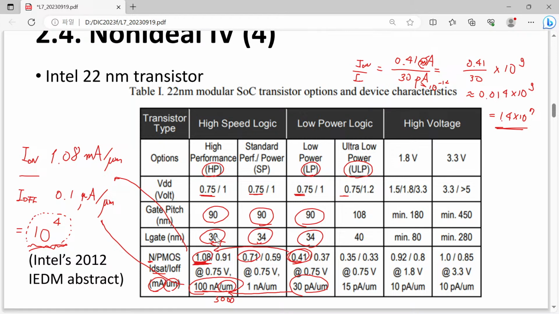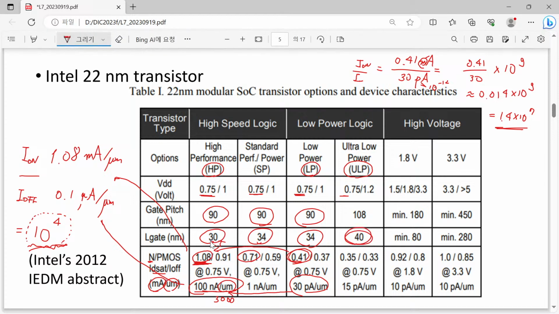Okay, so also you can understand here 40. Here you have 30, 34, 34, and 40 means that if you want to have lower leakage current, then you must increase this gate length.